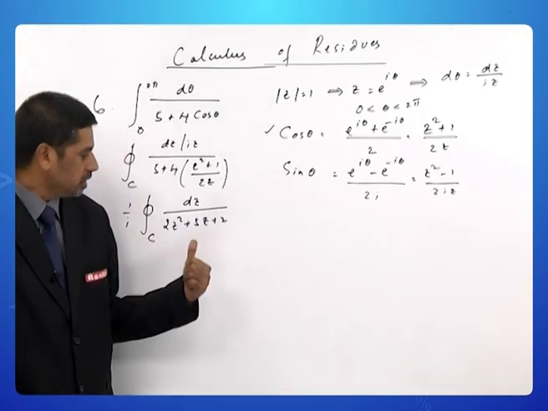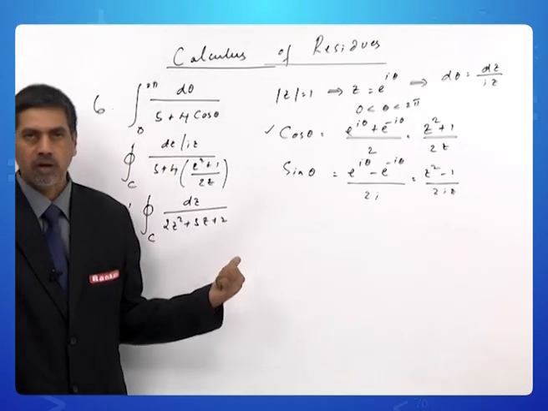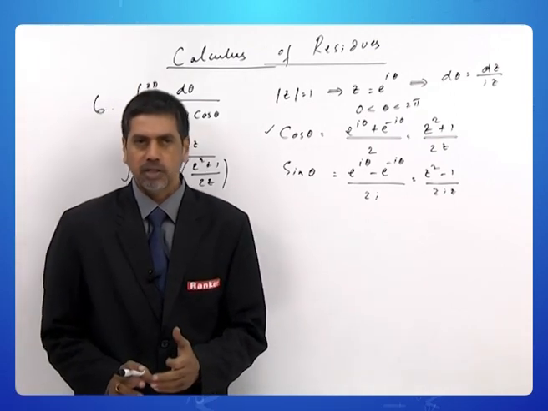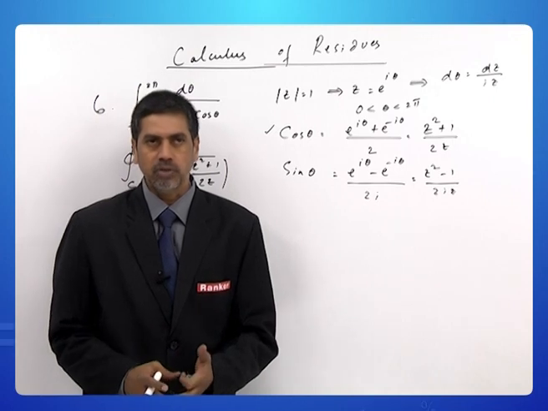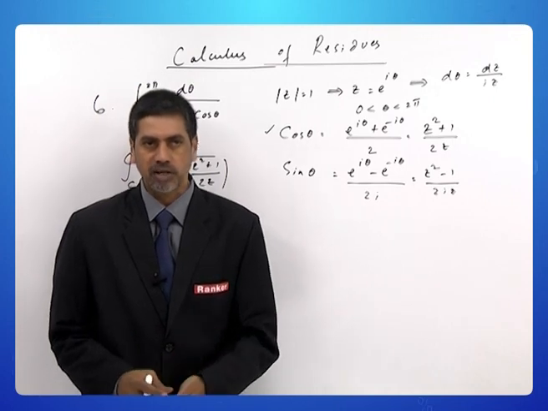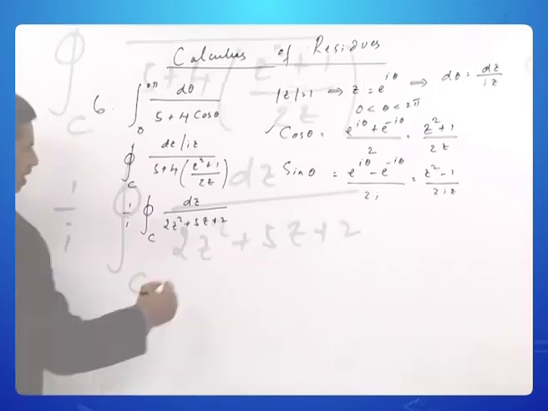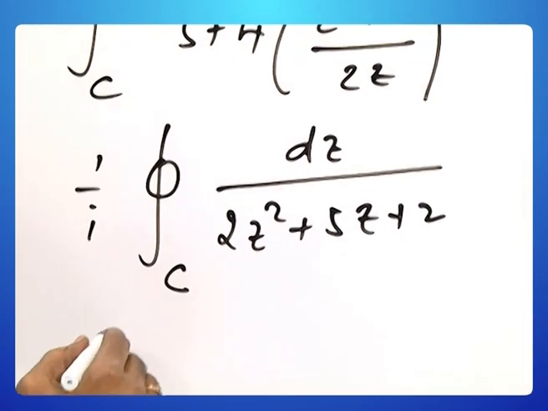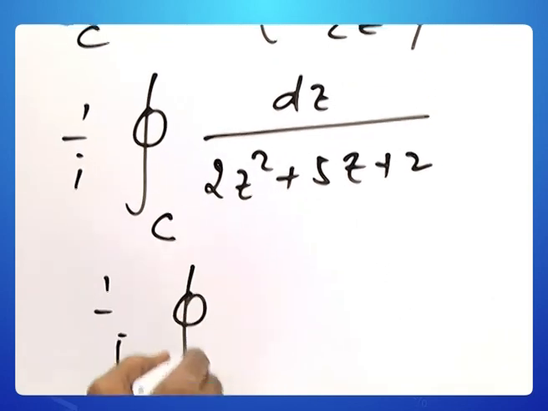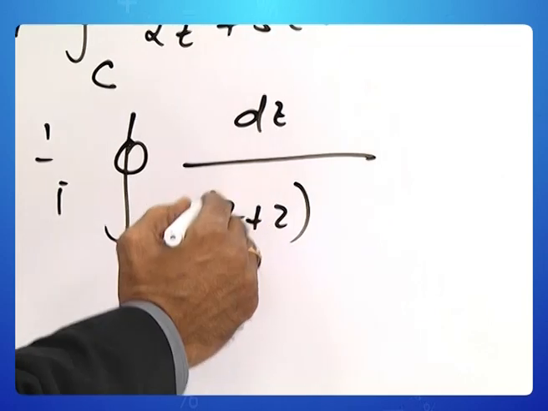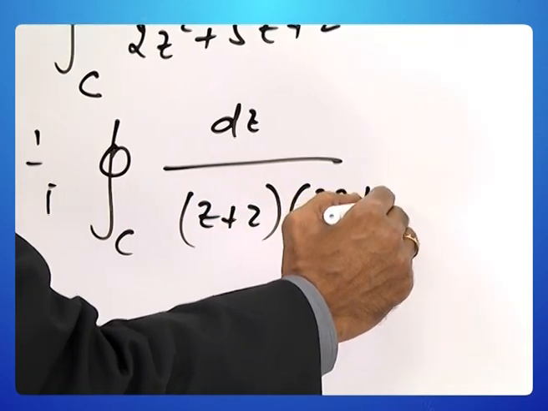Now you can easily see that this can be factorized. However, in these types of problems, it may not always be possible to factor into real factors. Sometimes complex factorization may be required. This is a much easier case. So when you factorize this, you will get dz by z plus 2 into 2z plus 1.